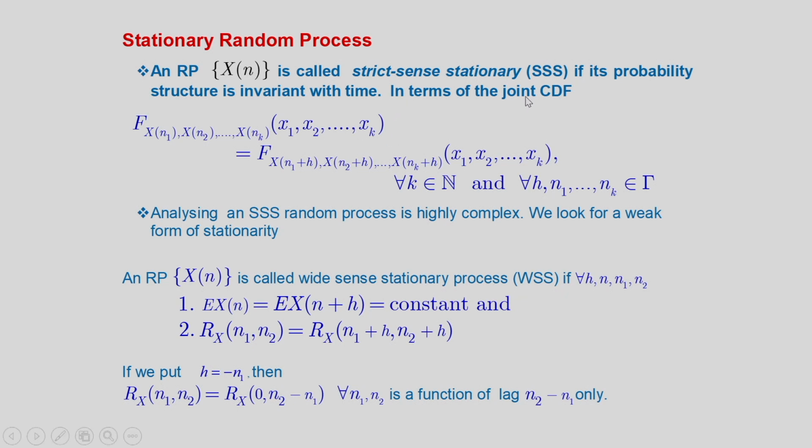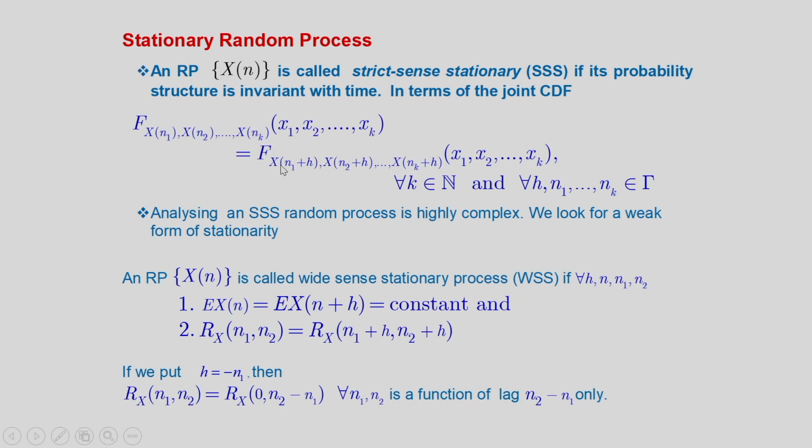In terms of the joint CDF, we can write that the joint CDF of random variables xn1, xn2 up to xnk at points x1, x2 up to xk is the same as the joint CDF of the random variables.